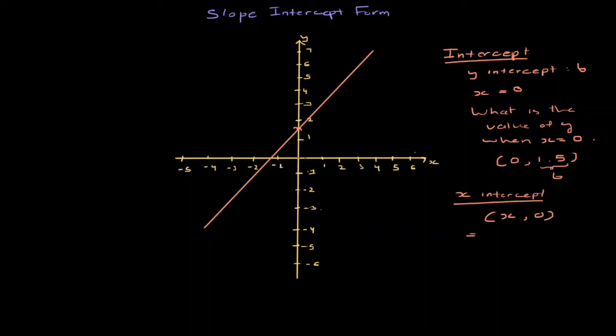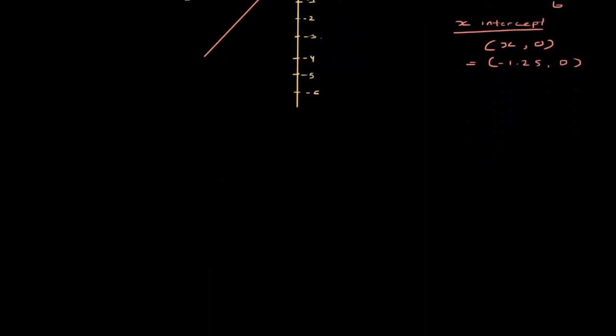So what is the value of x when y is equal to 0, or when the line crosses the x-axis? In this case it looks like around minus 1.25. So minus 1.25 and 0. And that is what an intercept is. We'll be using this to study more.